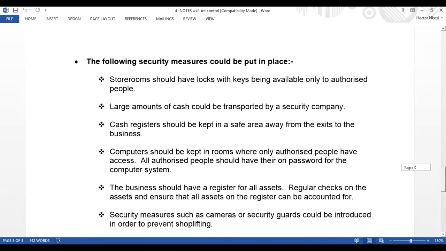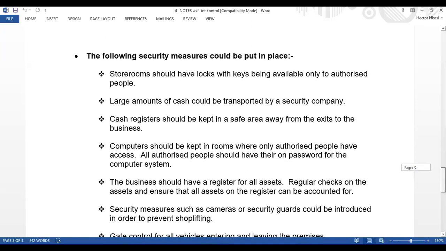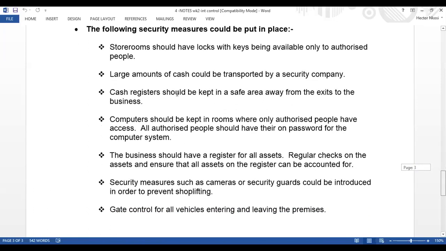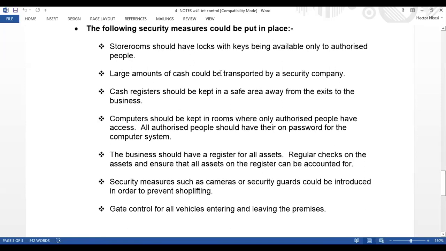So storerooms should have locks with keys being available only to authorized people. Large amounts of cash should be protected, and there should be a password for the computer system.